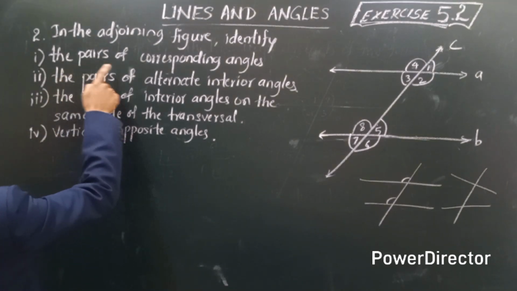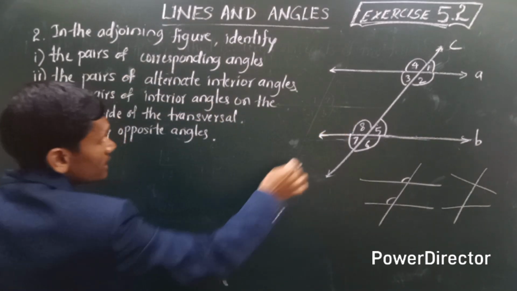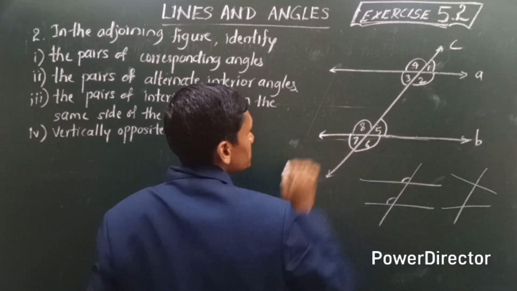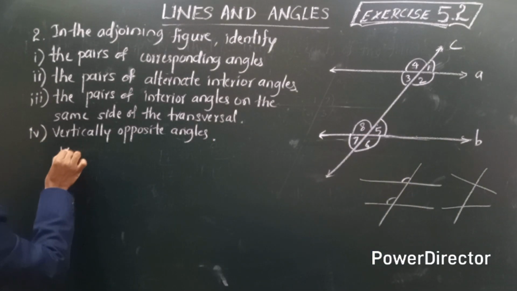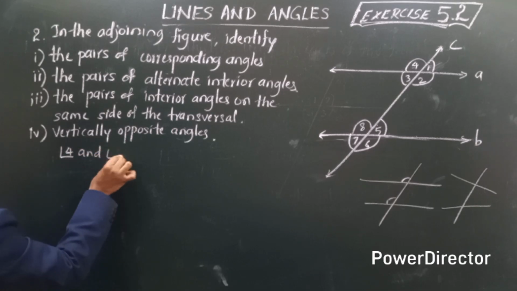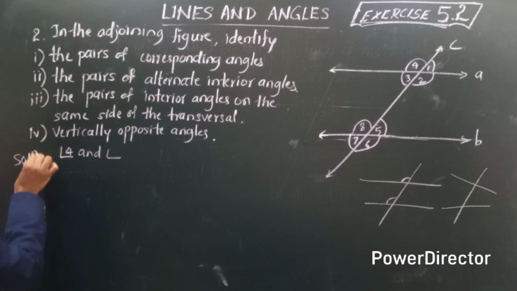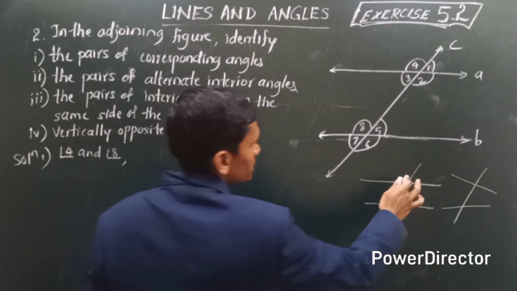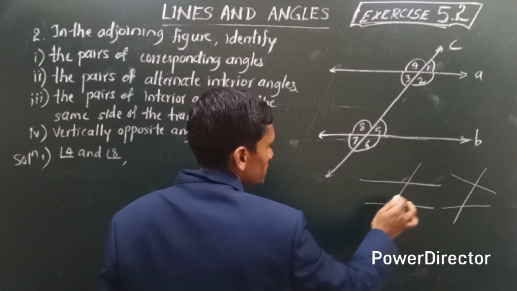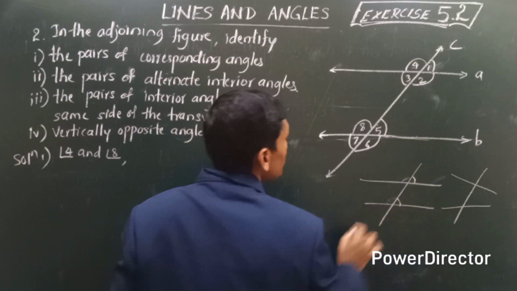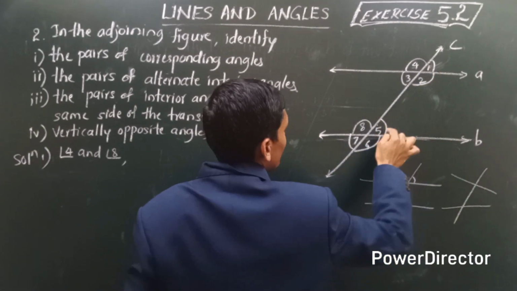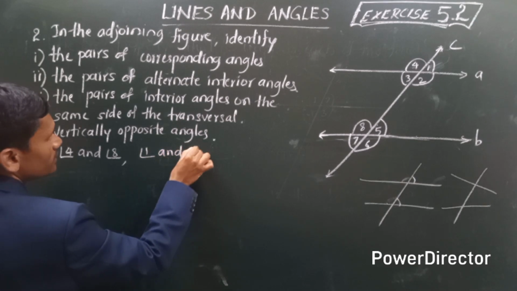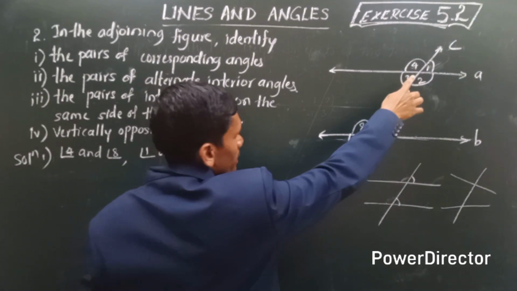So what is that? The pairs of corresponding angles in this figure is what? Here in these positions, if you take angle 4 and angle 8, here solution 1 I'll write for this, right? Angle 4 and 8. These are corresponding angles, right? Next, in that position, angle 1 and angle 5, right? These are also corresponding angles.